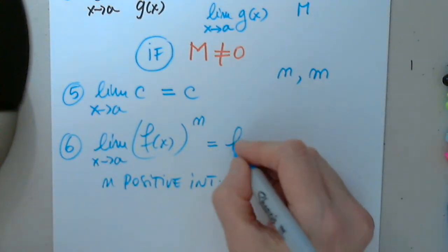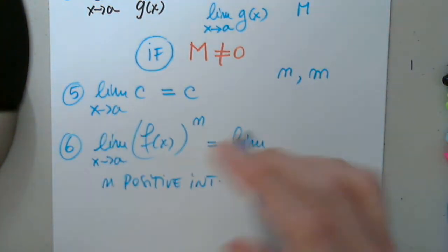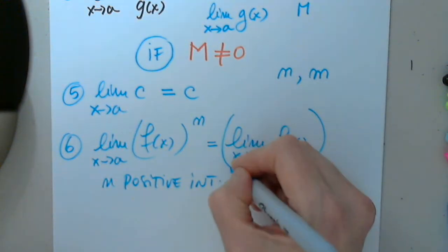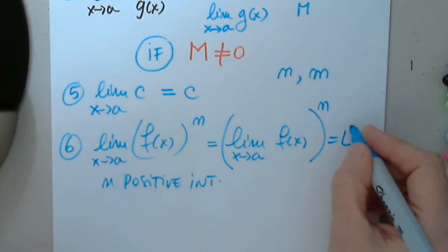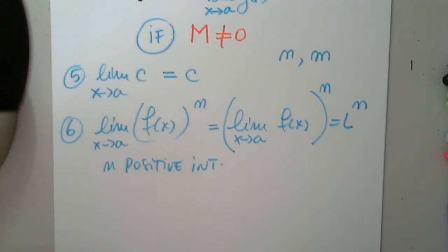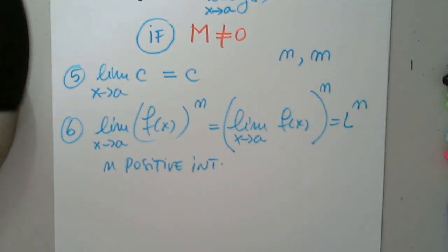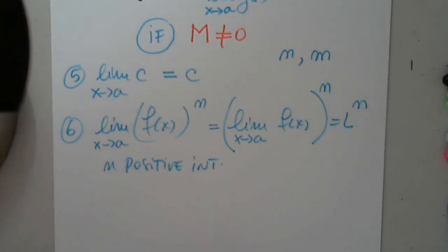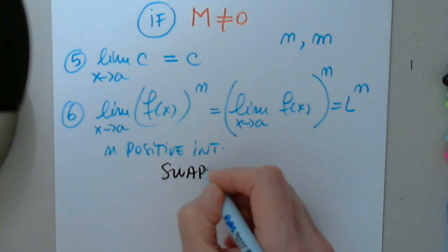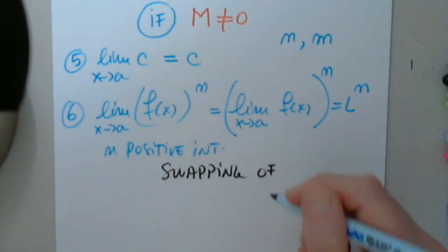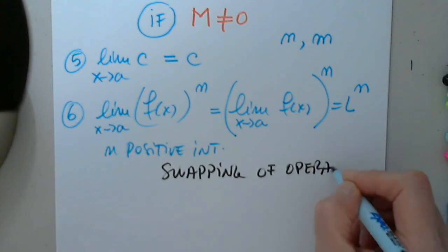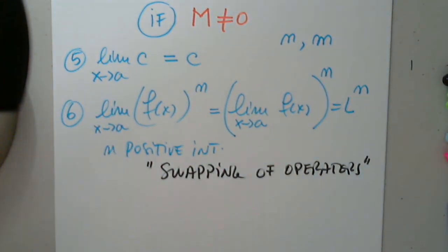So this is the same as the limit as x approaches a of f of x, everything to the nth power, which is L raised to the nth power. Okay, so this is possible under certain conditions, and the conditions are continuity. Of course, in this particular case, most probably everything is complied with, but this is a theorem. In short, it's called swapping of the order of operators. This is how I like to call it, so then students remember.